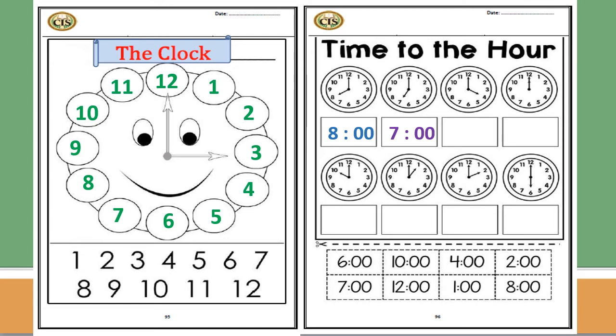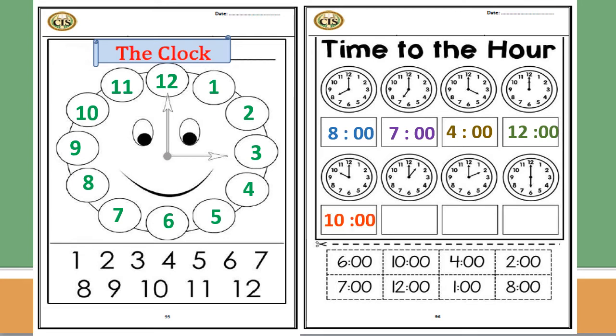It means 4, 0, 0: 4 for hours, 0, 0 for minutes. Here, the long hand and the short hand point to 12. So it means 12, 0, 0. Here, the short hand points to 10 and the long hand points to 12. It means 10, 0, 0.